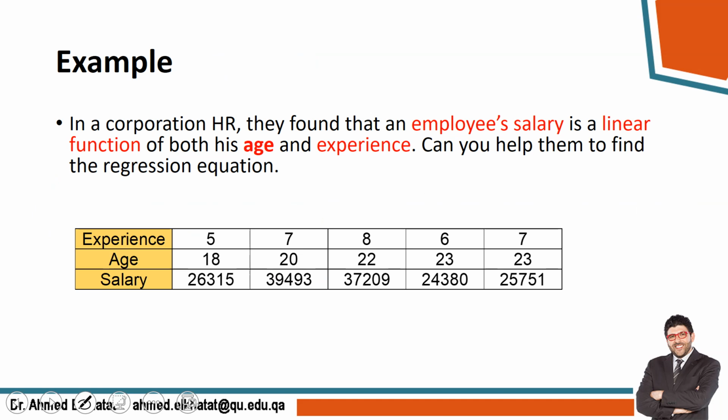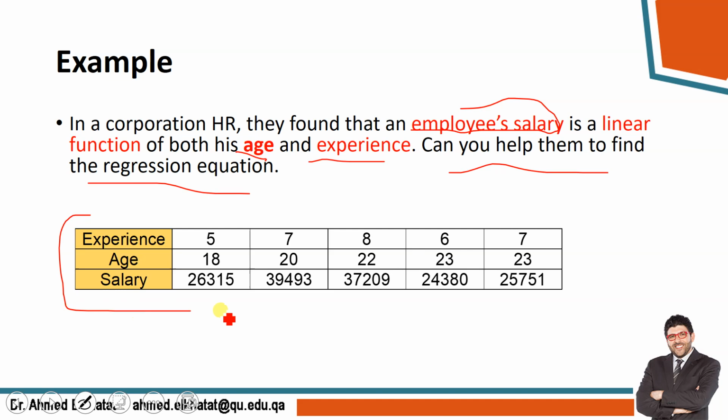Now let's take this example. In a corporation or company, the HR found that the employee's salary is a linear function of both age and experience. Can you help them to find the regression equation? Now this is their study.